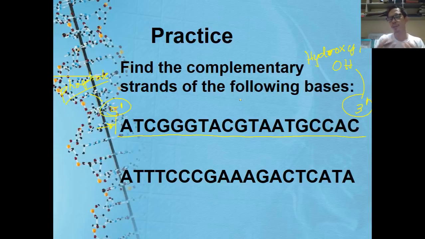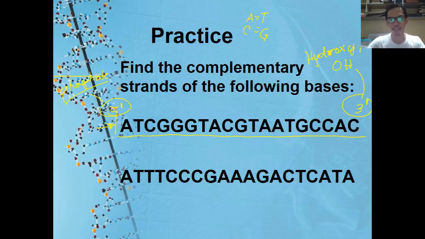Now, what are we going to do here? We will find out the complementary strand that makes up these particular bases. As we all know, the base pairing rule is that A is paired to T, and C is paired to G, always. Alright, so let's start.